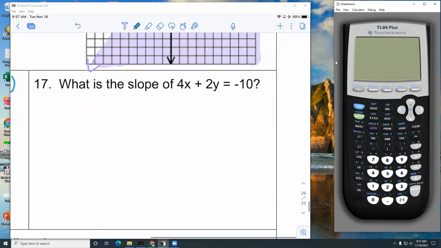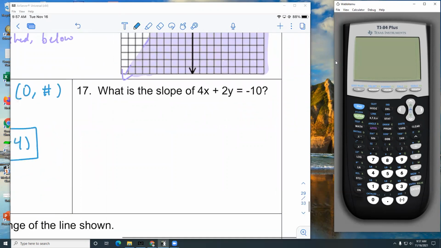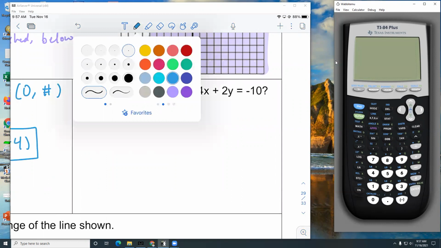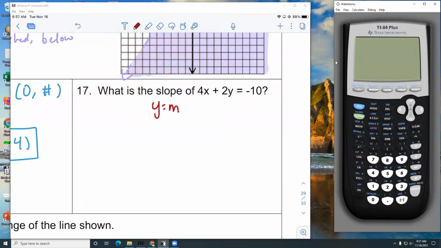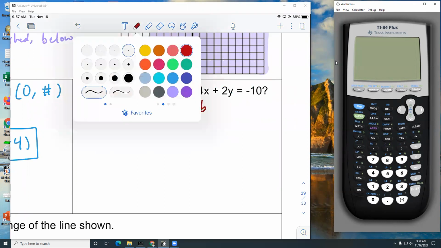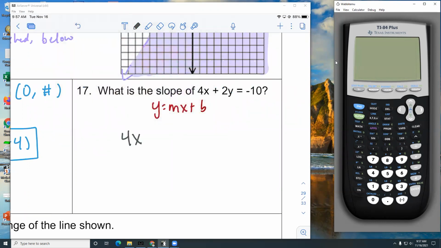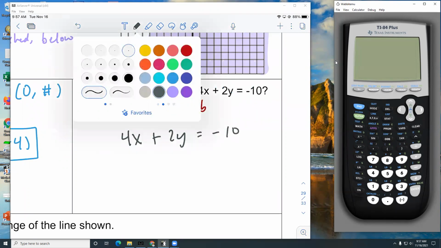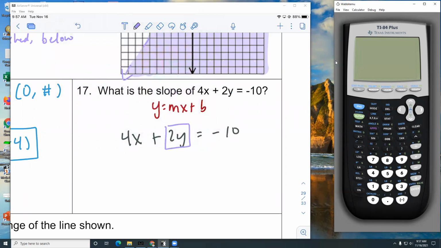But then whenever they ask for the slope it's a little more tricky, because it's really easy to find the slope whenever I have it in y equals mx plus b. So let's start by actually solving for y here, okay? So I get 4x plus 2y equals negative 10. I'm going to box my 2y, that's what I'm trying to get by itself.